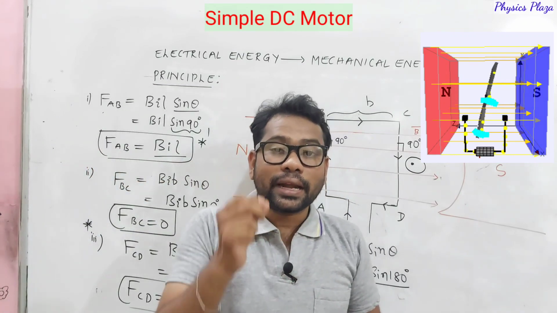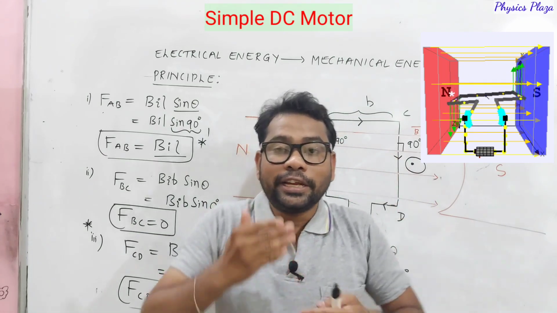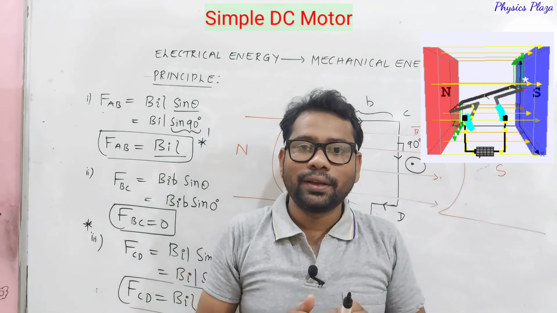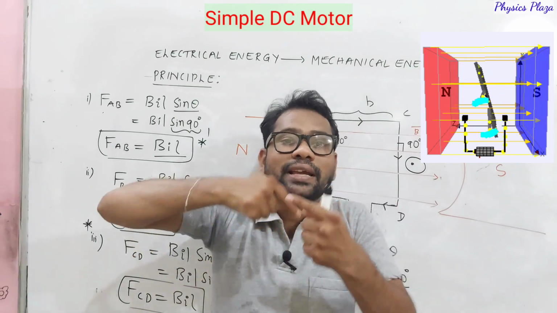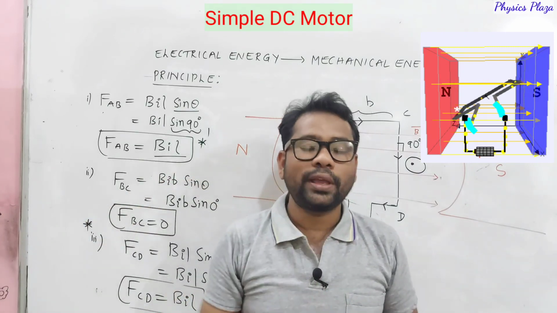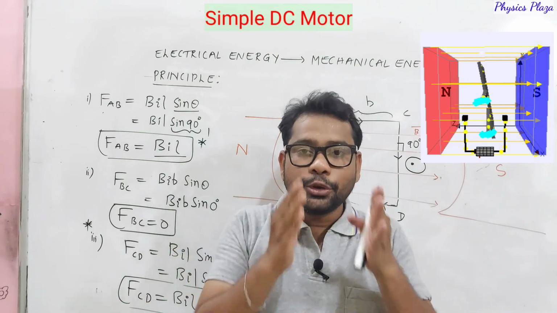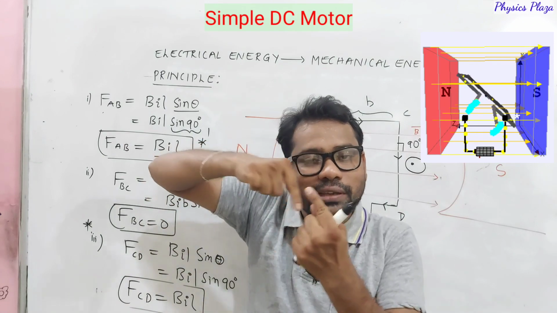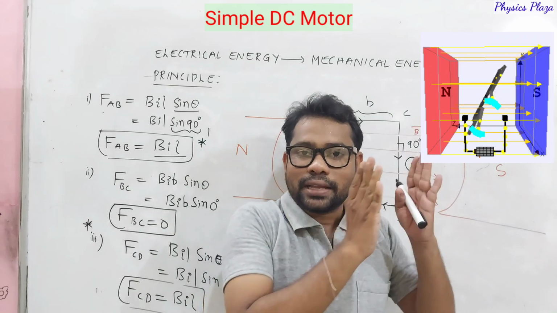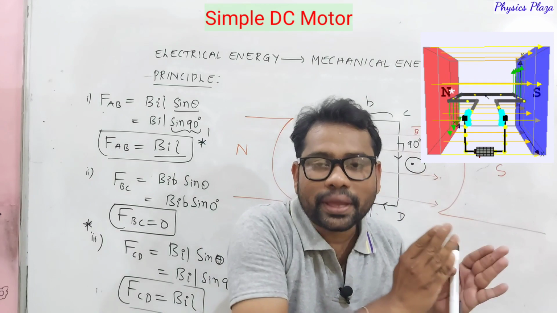When a current carrying rectangular copper coil is placed in a magnetic field, it experiences torque, a couple, due to which it is rotated continuously, so that electrical energy is converted into mechanical energy. Children, note this down, it is very important.